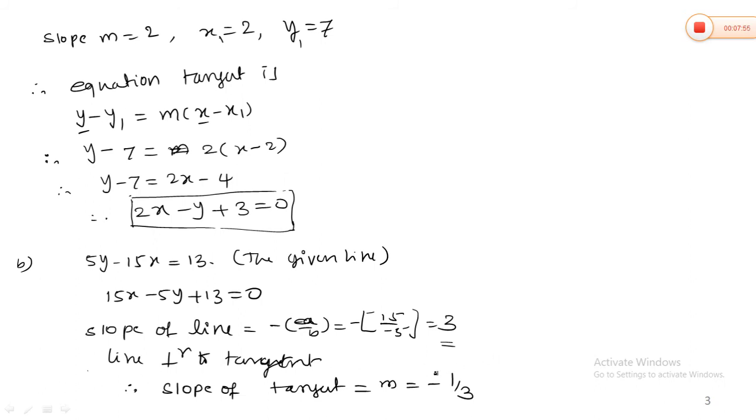So this slope is equal to the tangent slope. That is, minus 1 by 3 is the slope of the tangent. Therefore once again we know that slope equals minus 1 by 3. Then equation 2 becomes dy by dx equal to 2x minus 2.